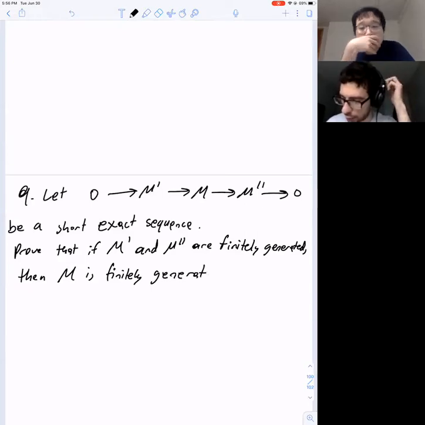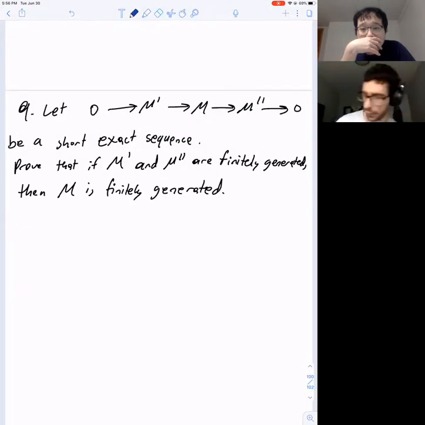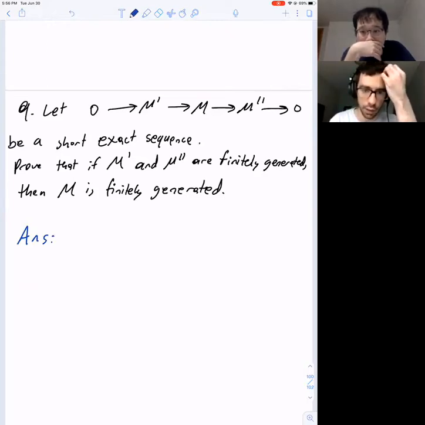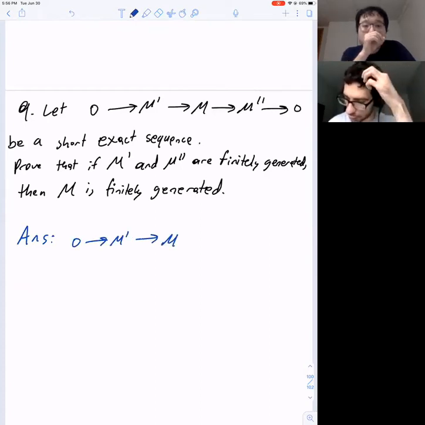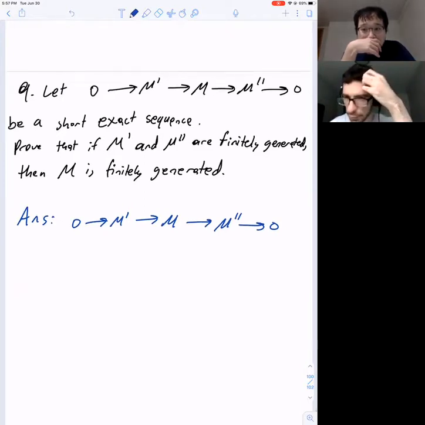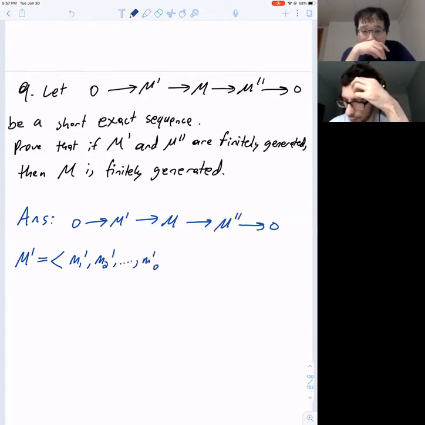How do I prove this? How do I solve this? So let this be a short exact sequence. We'll not write down the details. I will say that M prime is generated by M1 prime, M2 prime, and so on, as an A-module.